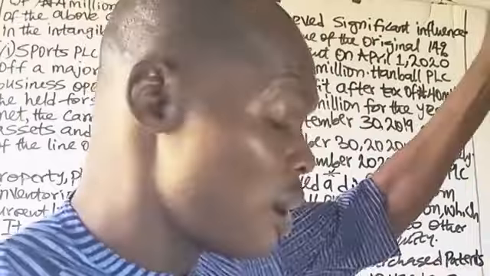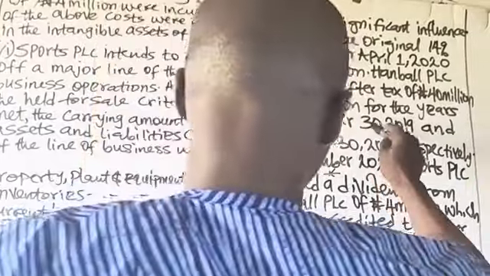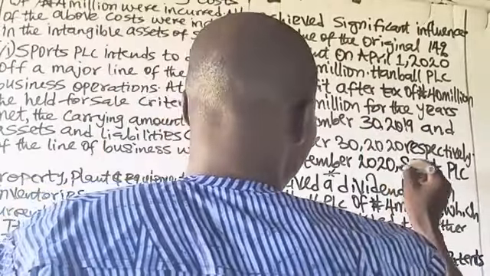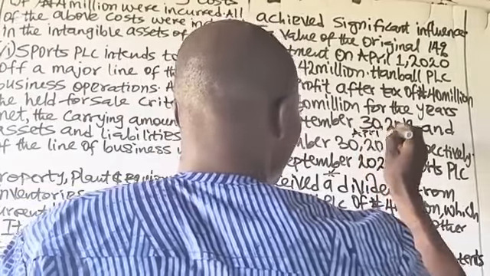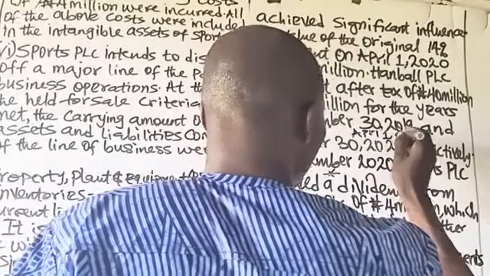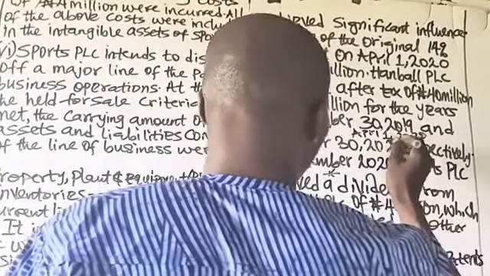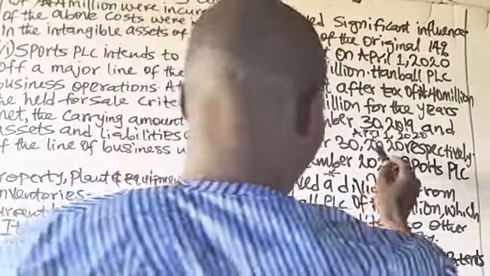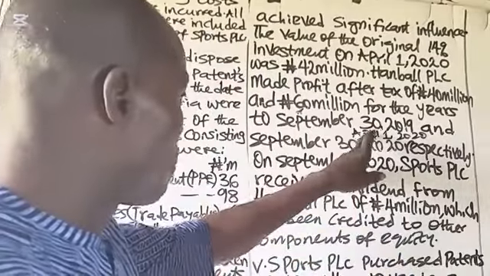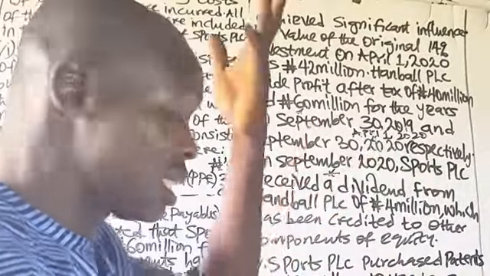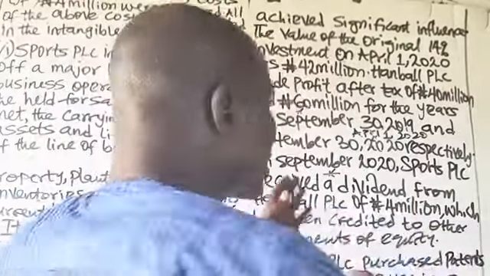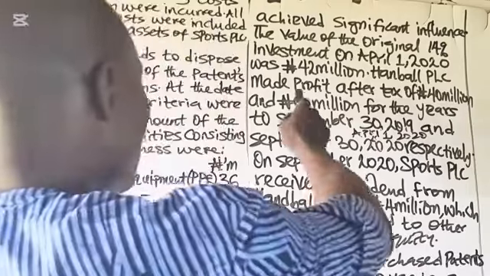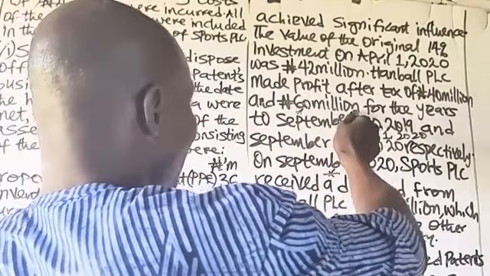So only 6 months of this profit, from April 2020 to September 2020, relates to the post-acquisition period. That means we need to calculate 6 months on the profit of 60 million.